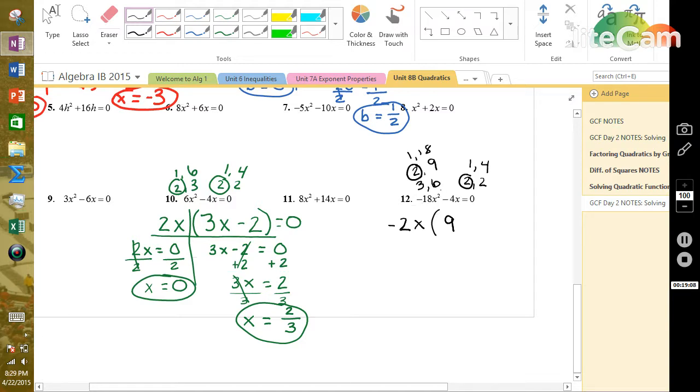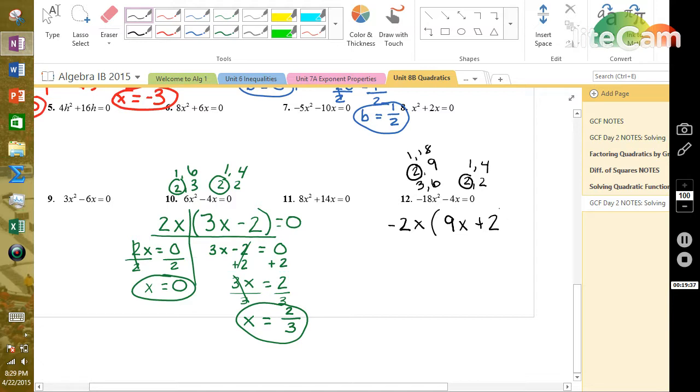I had 2 x's, I took 1 away, so I have 1 x left. For the next term, I have to ask, negative 2 times what will give me a negative 4? The answer is a positive 2. Negative 2 times positive 2 will give me my negative 4.